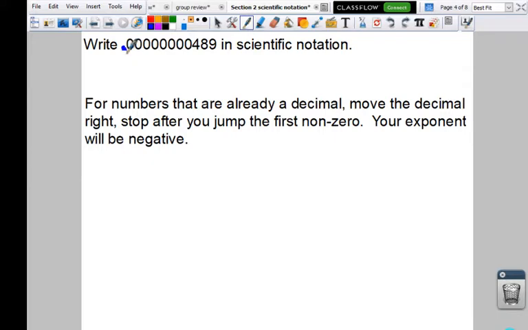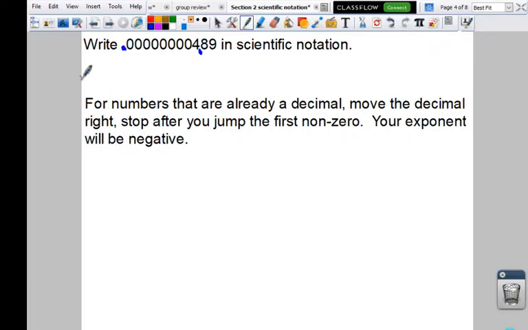I'm going to move this decimal until right after the first number that's not a 0. When I go over, the first number that's not 0 is this 4, right? That's where I want to put my decimal. So then it becomes 4.89. So I'm going to put my decimal here.